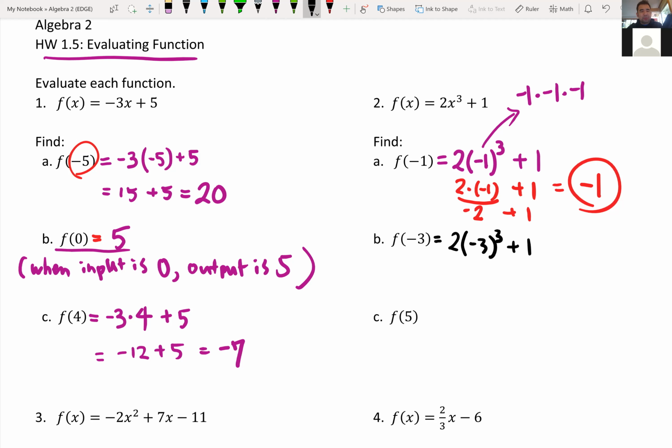But make sure that you put parentheses, okay? -3 to the third power, and that's -27. You guys get that? So it is 2 times -27 plus 1.